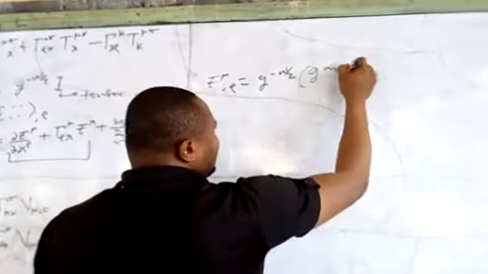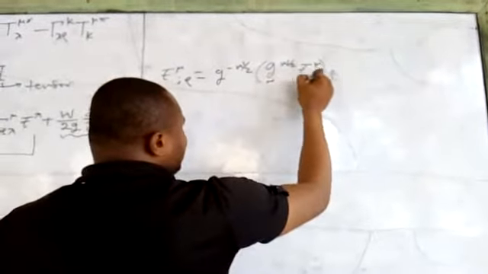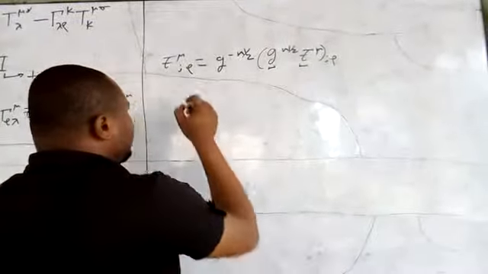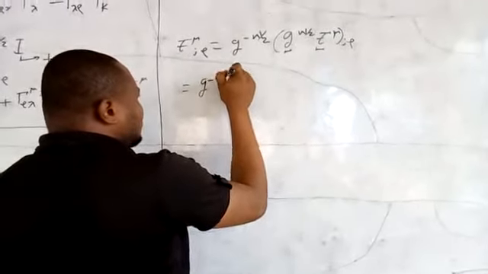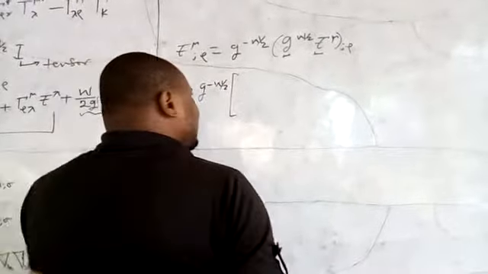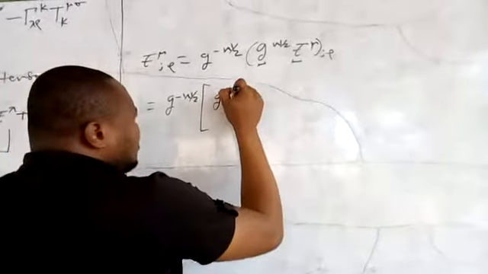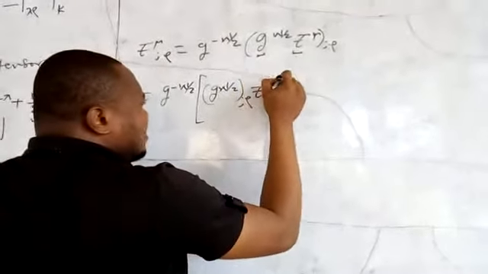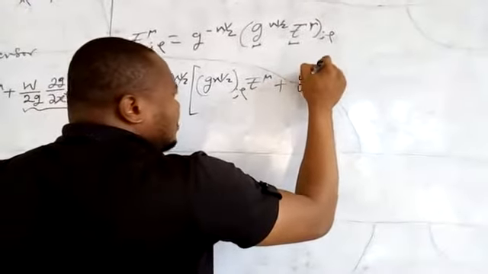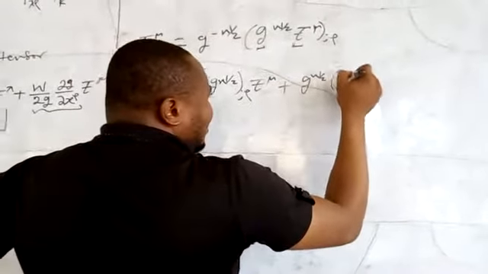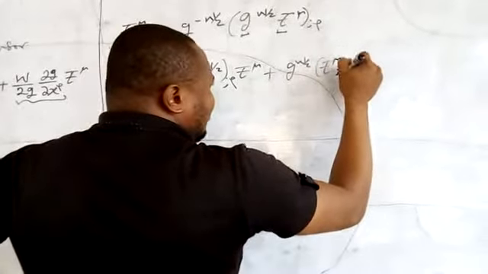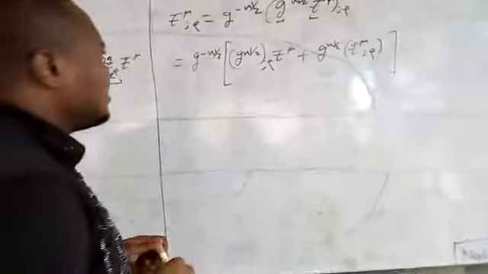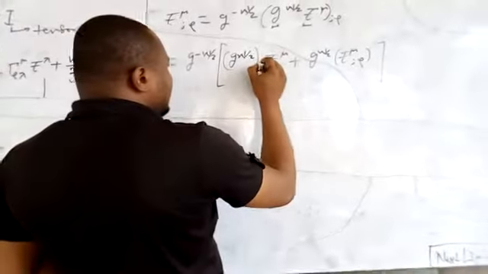Now I'm going to consider these two objects individually, and so the Leibniz rule applies to their covariant derivative. This is the same thing as g raised to power minus w over 2, and then I have here with me some g w over 2 semicolon rho, keeping this term here constant, plus g w over 2, and then I take the covariant derivative of this. Of course, in this case, what we have next here is this semicolon.